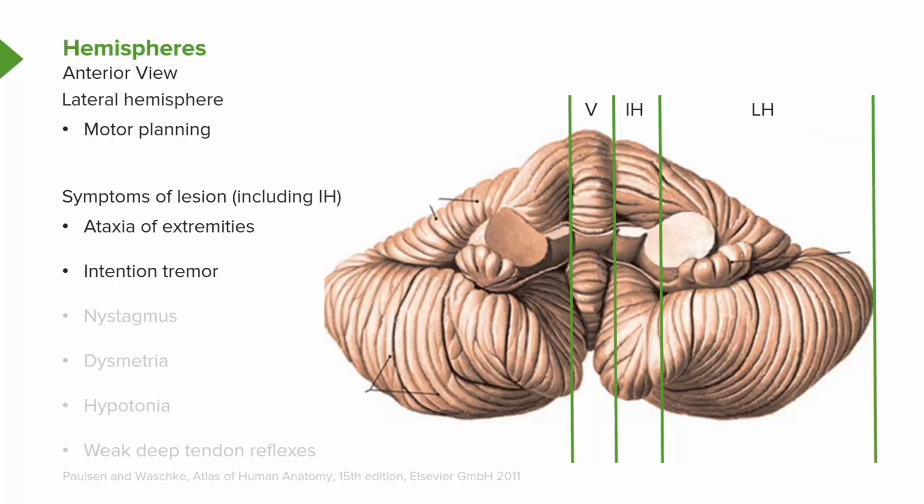So as they move their upper limb, for example, there can be a tremor associated with that intentional movement. Nystagmus is another symptom. Dysmetria, an inability to judge the distance between your hand and the object that you want to pick up, for example. Decreased muscle tone, hypotonia, and lastly, deep tendon reflexes are weak.